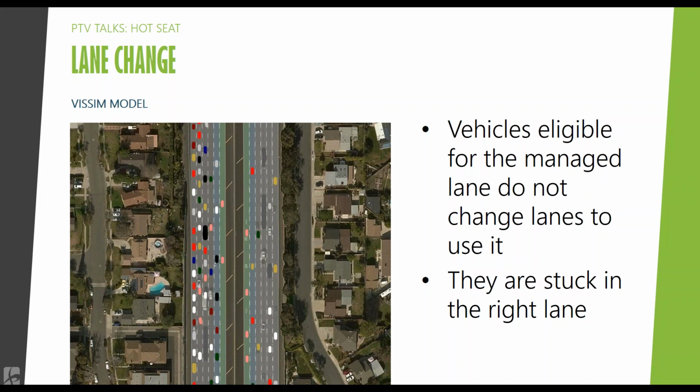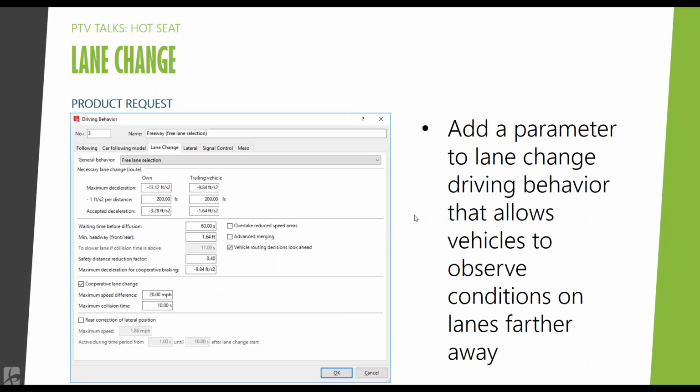I've been using some workarounds to force that behavior using parallel connectors, but I was hoping that there would be a way for us to change the driver behavior in the lane change to allow for certain links where vehicles could look across all lanes to decide which lane they want to travel in, especially when we have these really multi-lane freeways.